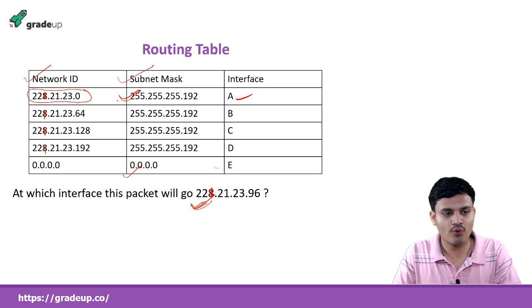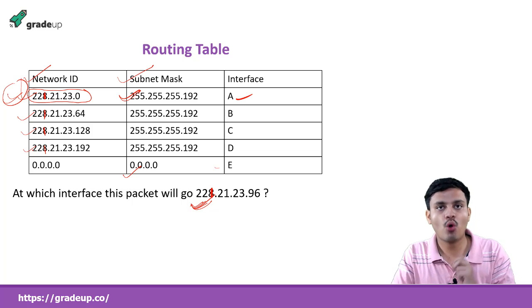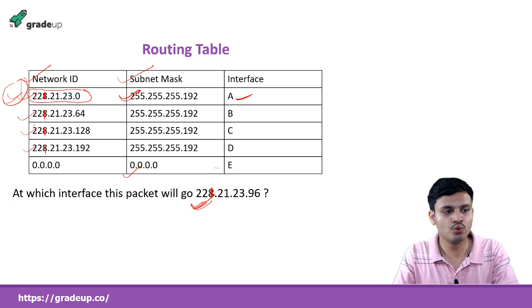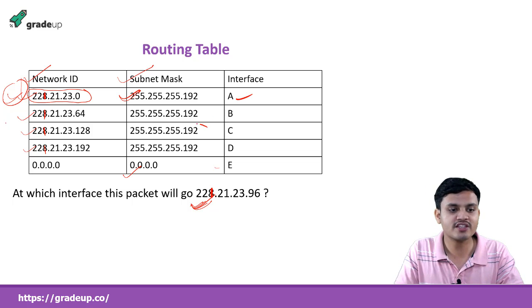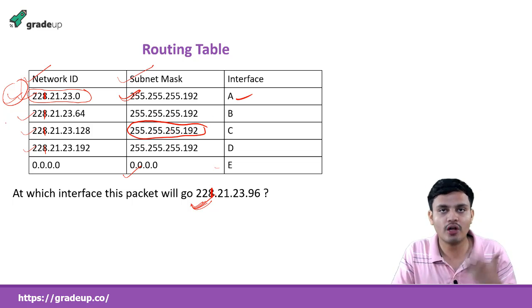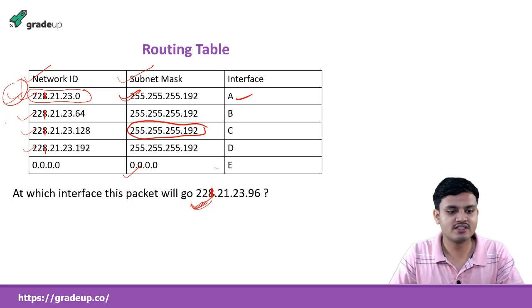We will try for this one, going serially: this one, then this one, then this one, then this one. Even if it matches with, suppose, this one, we are still going to continue, because it may happen that it will match with another ID too. And we are going to transmit to the one having the longest subnet mask, more number of ones. So remember this and figure out where we need to send this packet. I will give you this as a task.